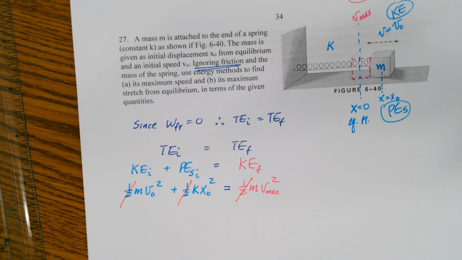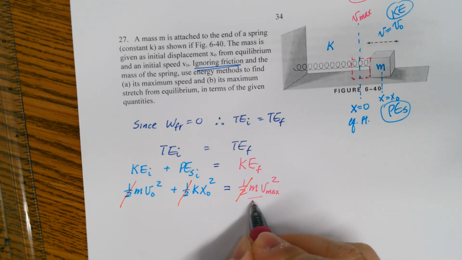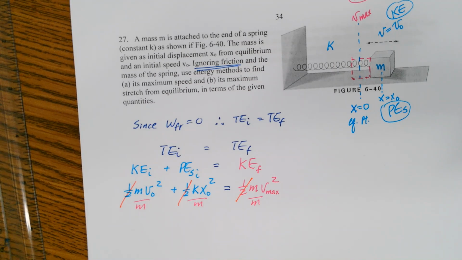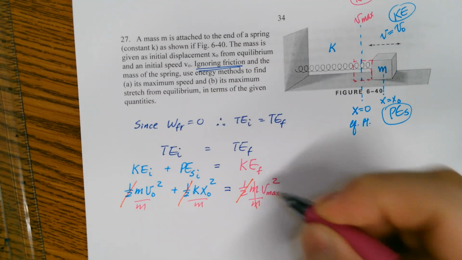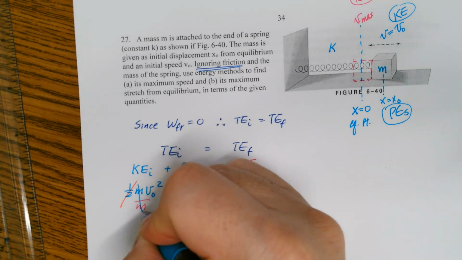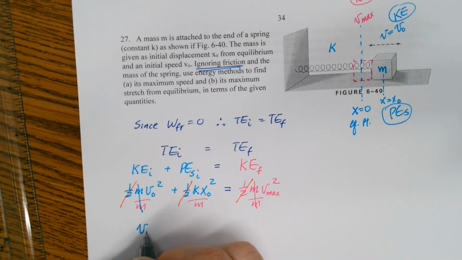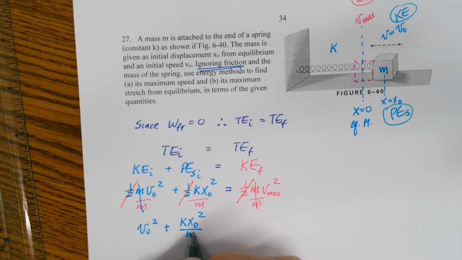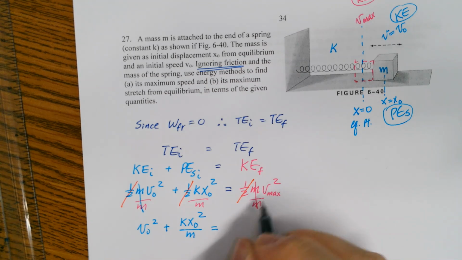If I divide both sides by mass, here it cancels out to 1, and here this cancels out to 1, and I only have v naught squared plus k x naught squared over m is equal to my v max squared.